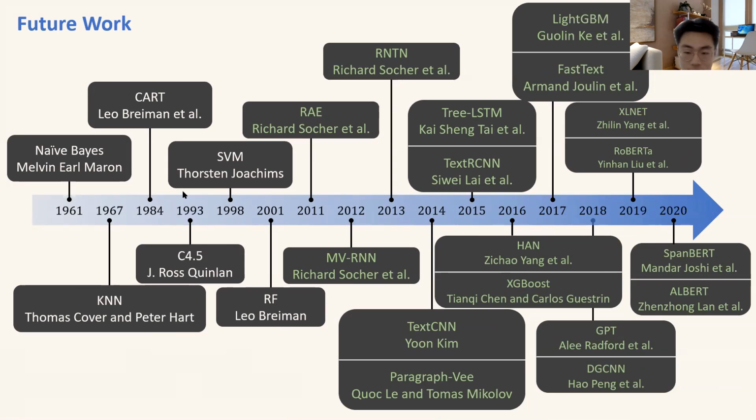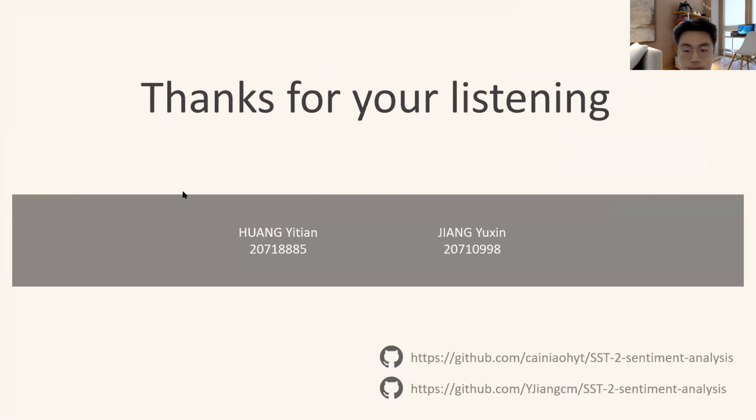Decades later, SVM, RNN, CNN, LSTM, and their variants were also born. Until recent years, the famous BERT model has also surfaced, and the variants based on it have emerged endlessly. So there is still a long way to go.